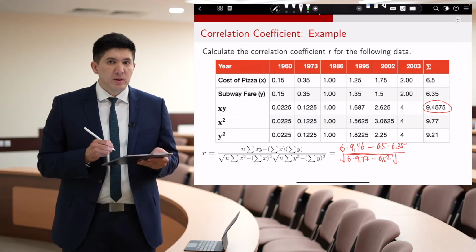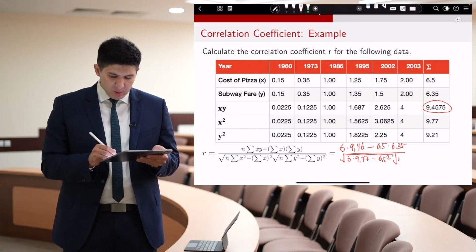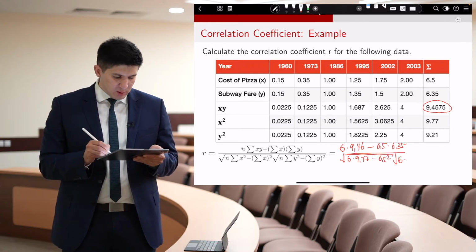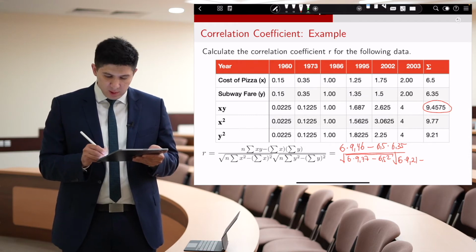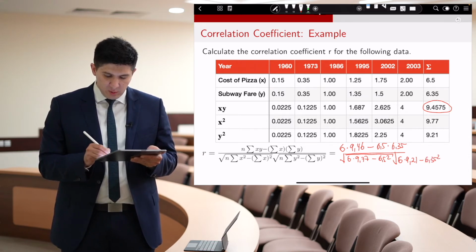And then I have to do the same thing for the y. It's going to be n, which is 6, times the sum of the y in the square, which is 9.21, minus the sum of the y, 6.35, in the square.